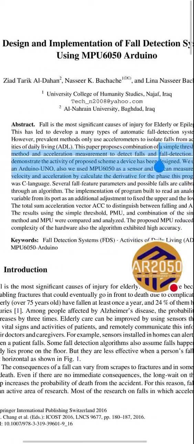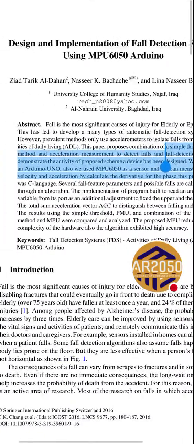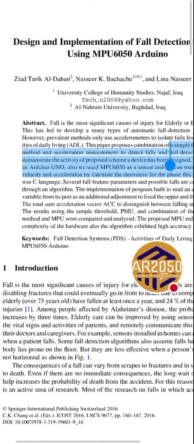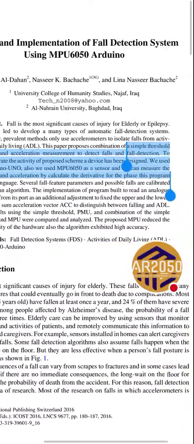To demonstrate the activity of the proposed scheme, a device has been designed. We use Arduino Uno and several parameters can be measured. The program was written in C language.